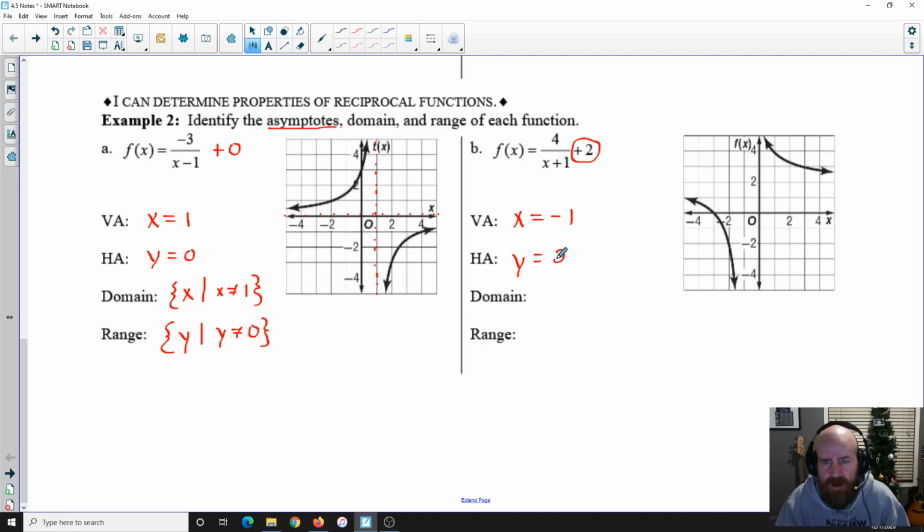So we're at y equals 2. So domain is all x's such that x does not equal -1. And then our range would be all y's such that y does not equal 2.